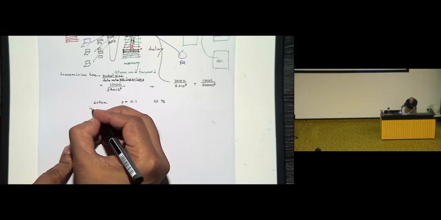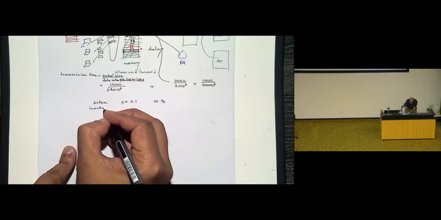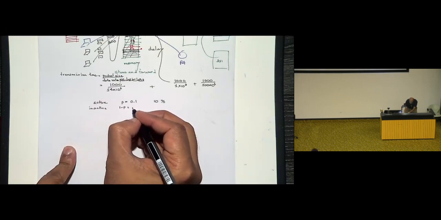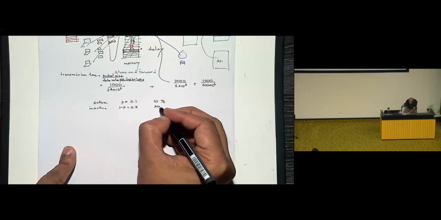And you're inactive with probability 1 minus p, which is 0.9. Right? And when I am active, it doesn't mean you necessarily have to be active at the same time. When I make a phone call, you don't also make a phone call at the same time. We all make phone calls at random times. So now it's a probabilistic thing.